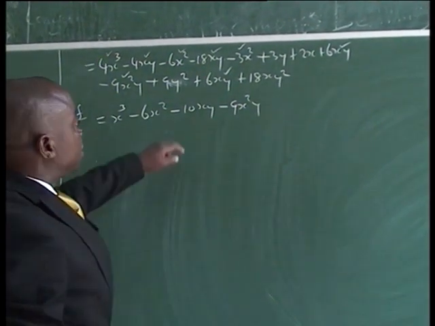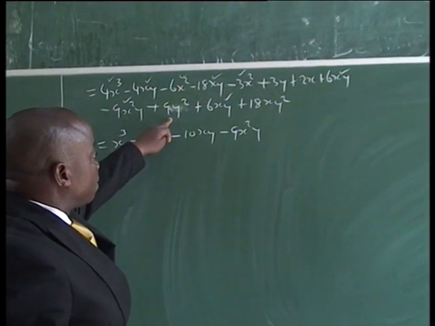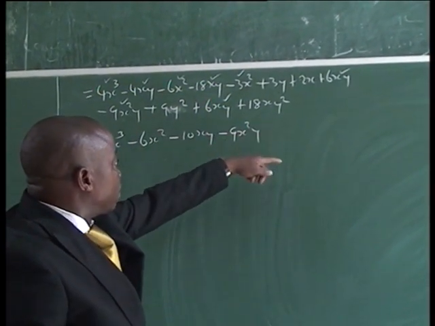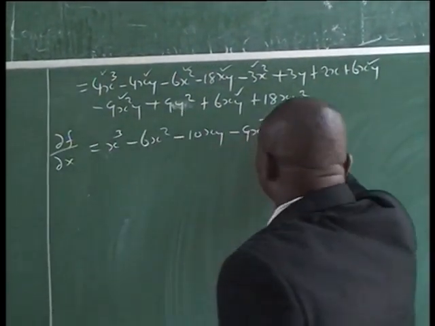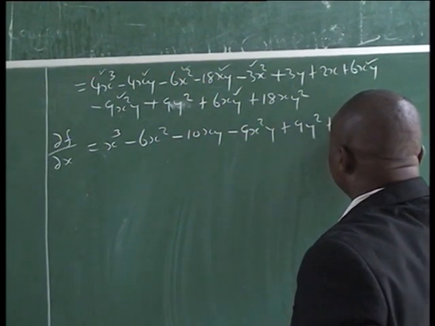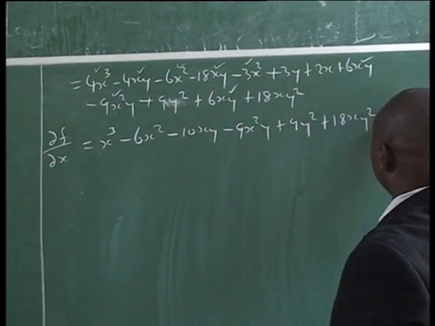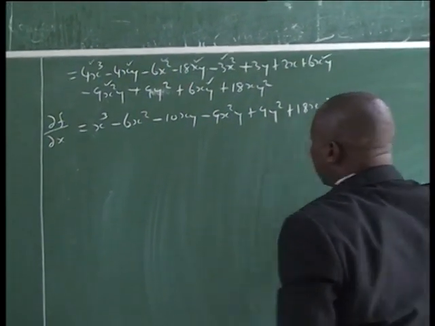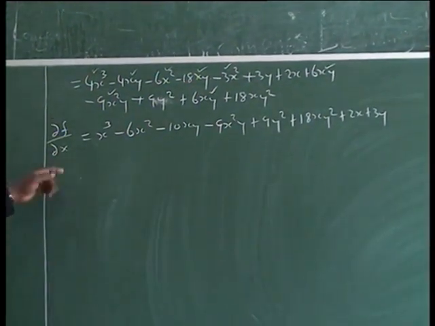So the only one that remains is here. Then we have 9y squared, 18xy squared. Okay, there are different terms. So plus 9y squared plus 18xy squared plus 2x plus 3y. So this one is partial f, partial x.